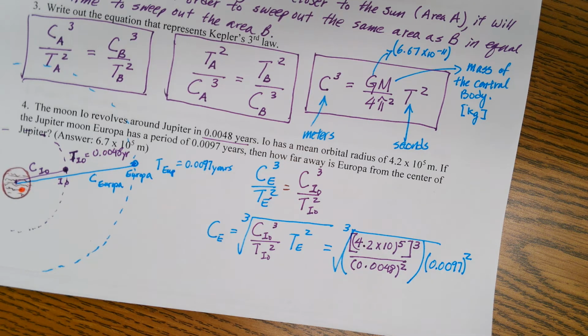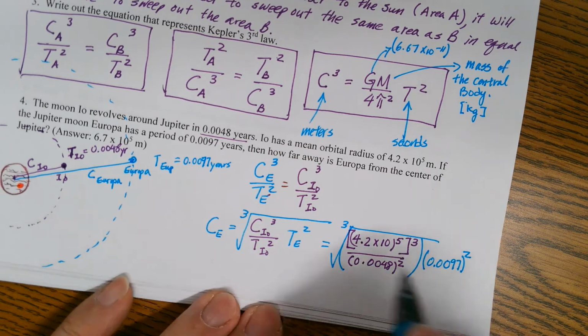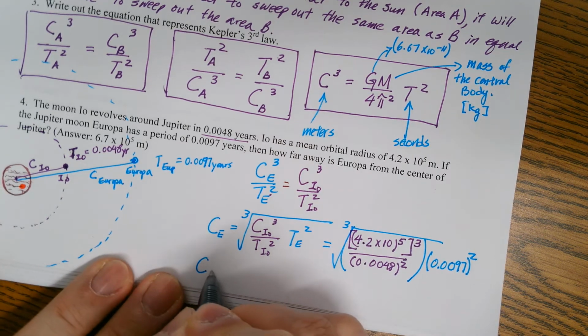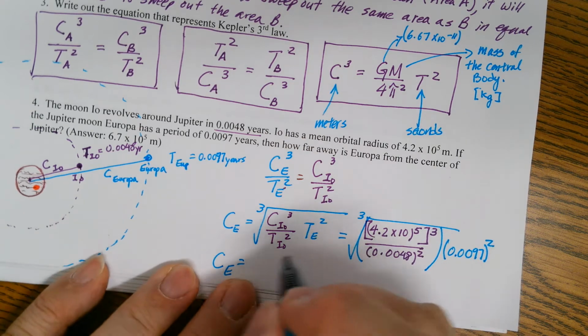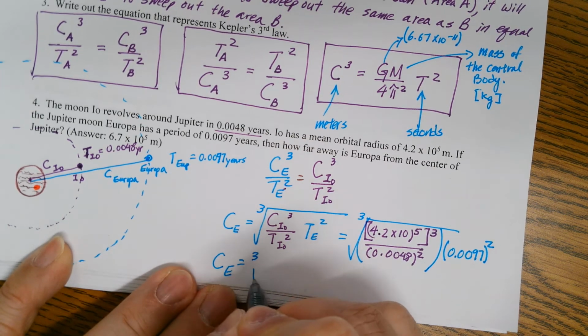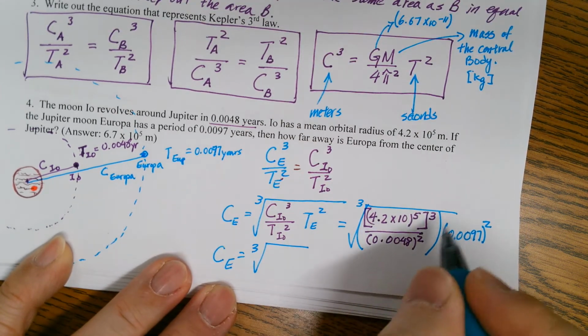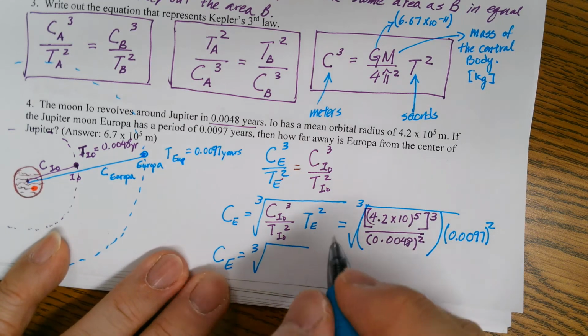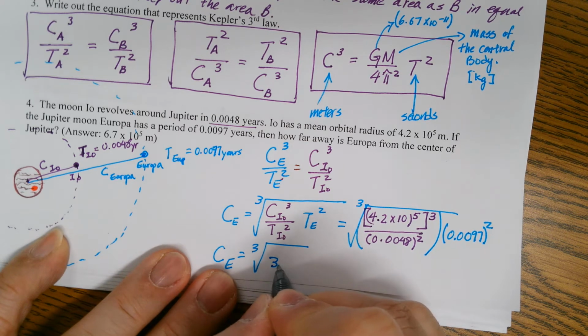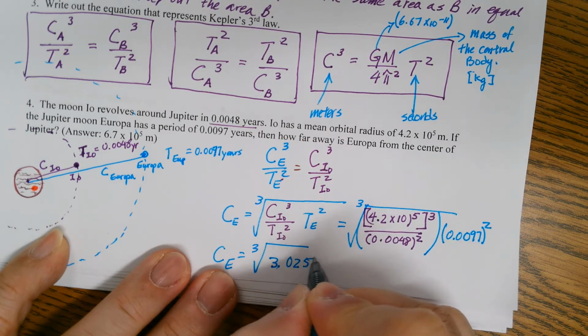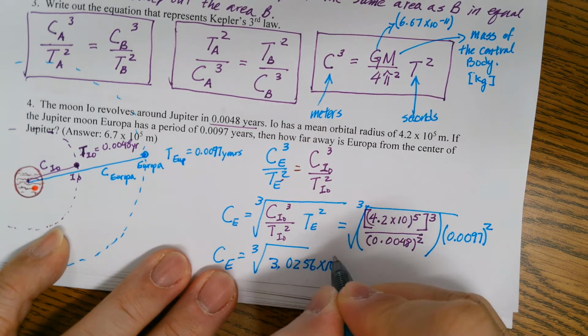Okay? So hopefully we should be able to calculate this thing. And when you do calculate it, you're going to get something like cube root of this whole algebraic mess, which should come out to something like 3.0256 times 10 to the 17th.